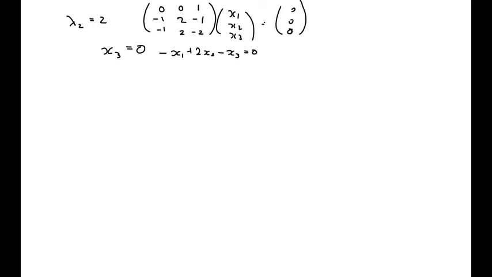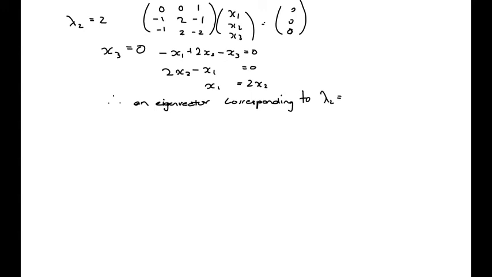We already know x3 is 0, so 2x2 minus x1 equals 0, which is all we can tell is that x1 equals 2x2. So an eigenvector corresponding to lambda 2 equals 2 is going to be 2, 1, 0.